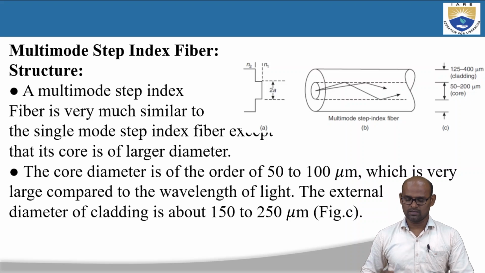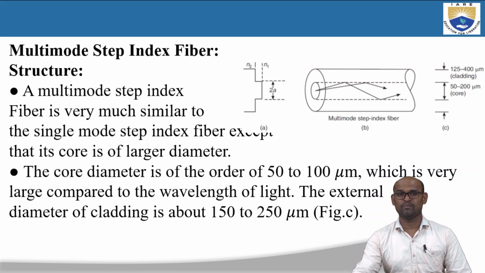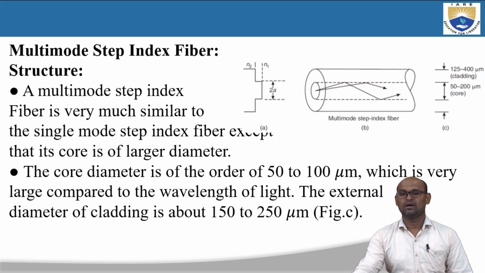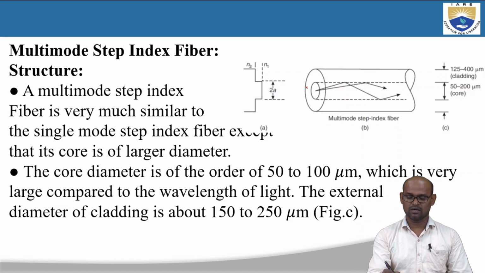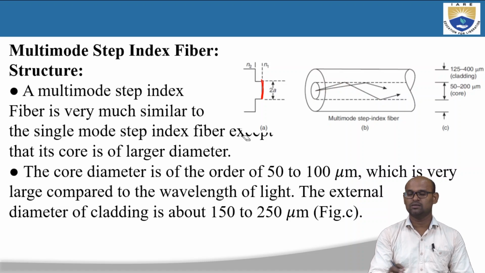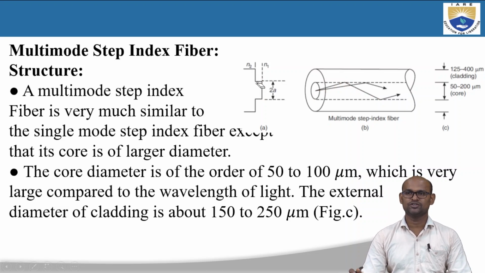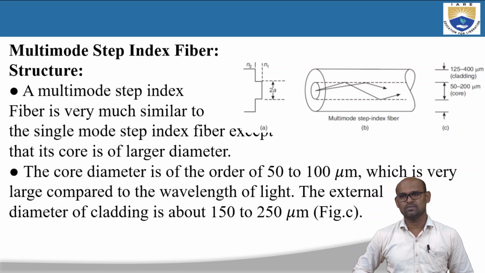Multi-mode step index fiber has a larger core diameter compared to the single mode step index fiber, but because of the constant refractive index of the core, the light rays that are taking longer paths will reach the output end at a later time, with some time delay, whereas the light rays that are taking shorter paths will reach the output end faster. So partial signal will be received at some time, and partial signal will be received at some other times.